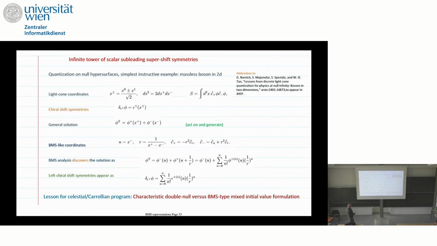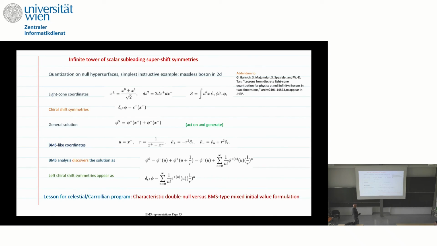The way you would discover the solution is that the left movers are what they were before, an arbitrary function of u. But the right movers you would discover as a tower of subleading solutions, which in this case are just obtained by doing the Fourier expansion around r going to infinity.